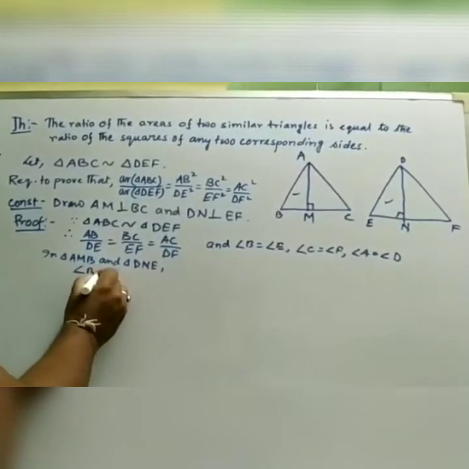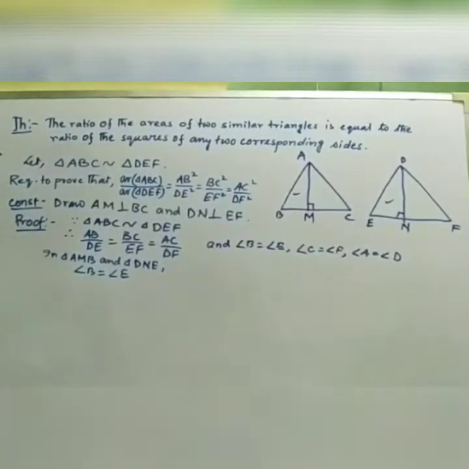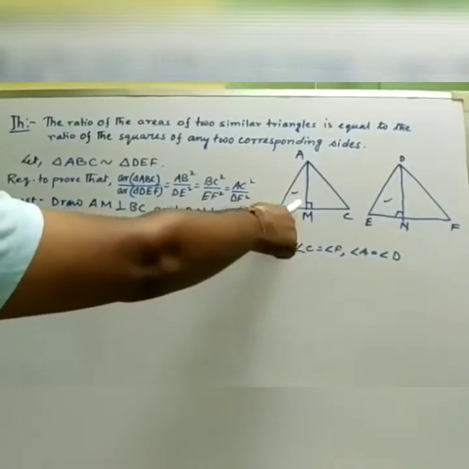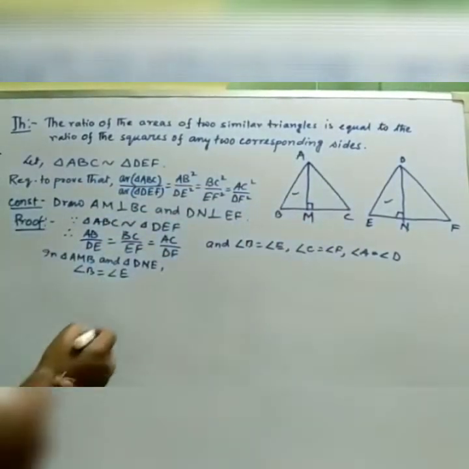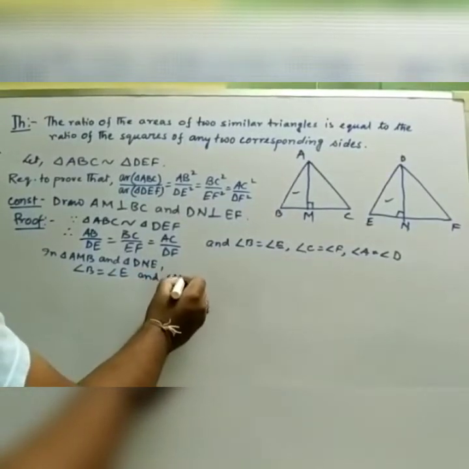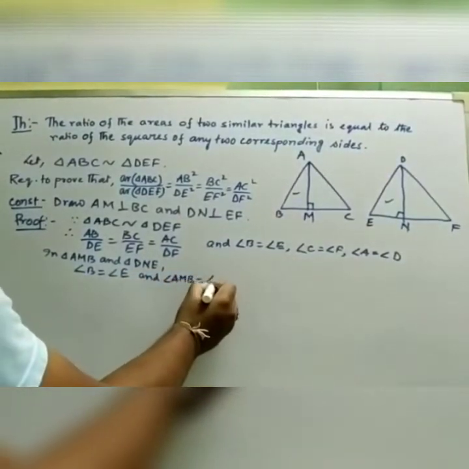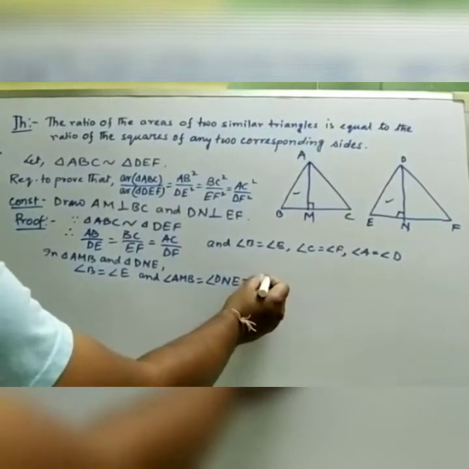We have angle B equals angle E, that we have got. As well as we have drawn the perpendicular, so that means angle AMB and angle DNE are both 90 degrees: angle AMB equals angle DNE equals 90 degrees.